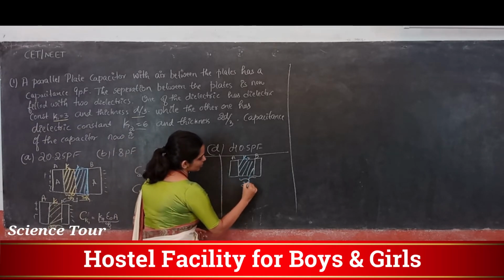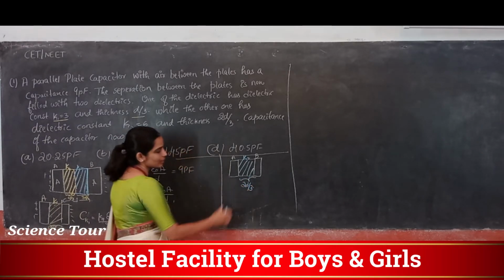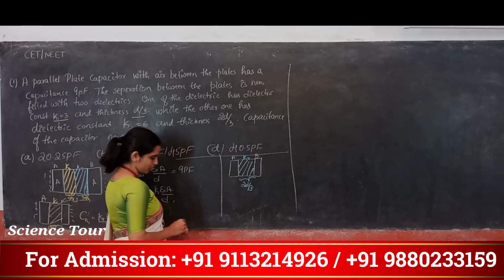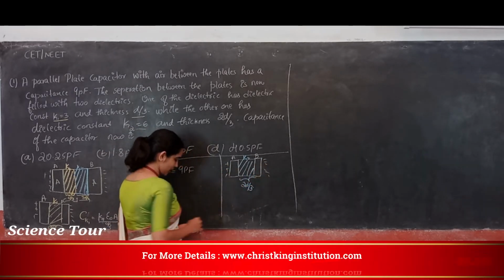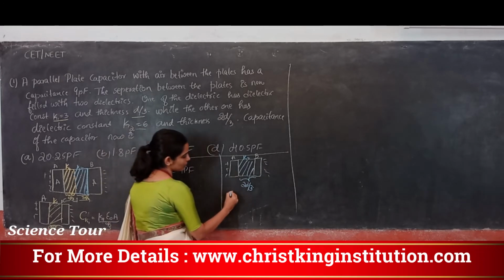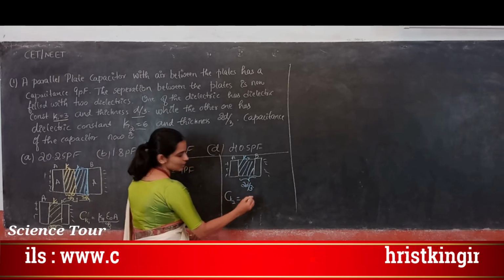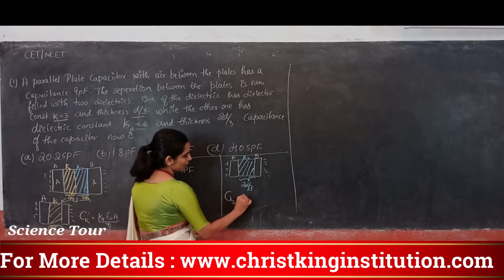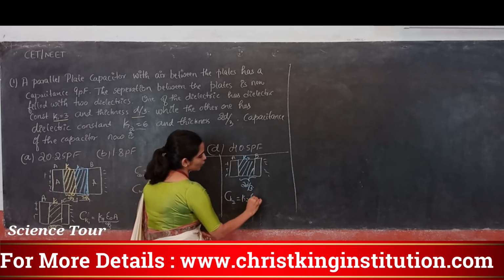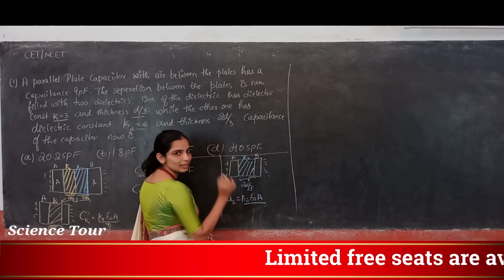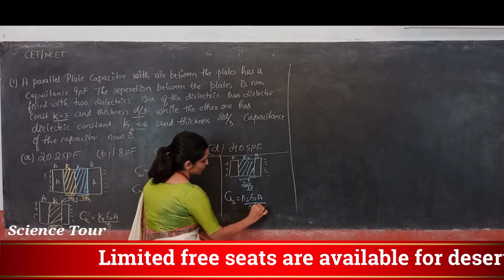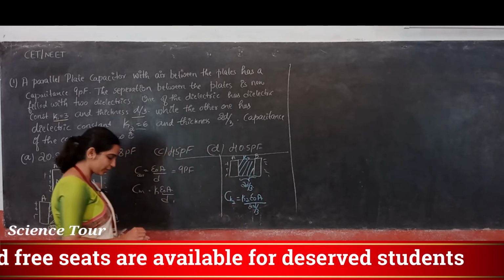The thickness of this material is 2D by 3. This is positively charged, this is negatively charged. Now what will be the capacitance, CK2? That is nothing but K2 times epsilon naught A divided by the distance separation, the thickness of this material, 2D by 3. I hope you are following.